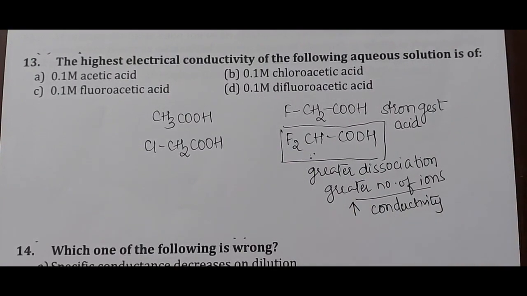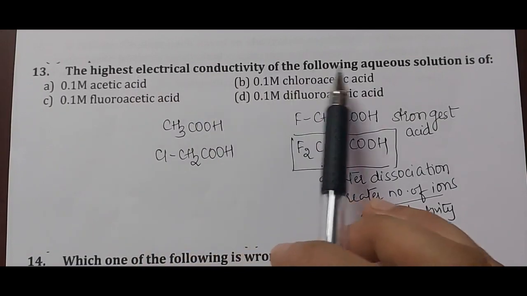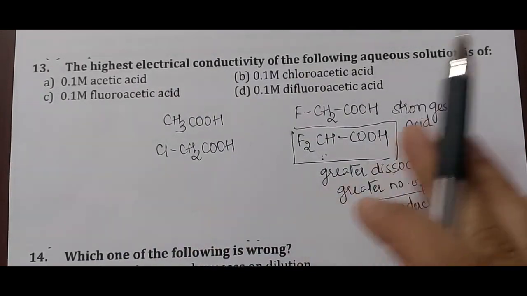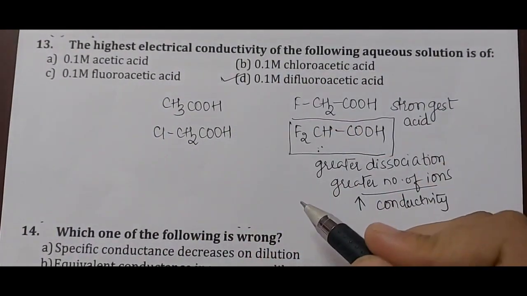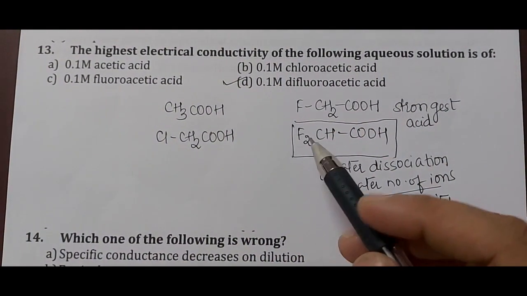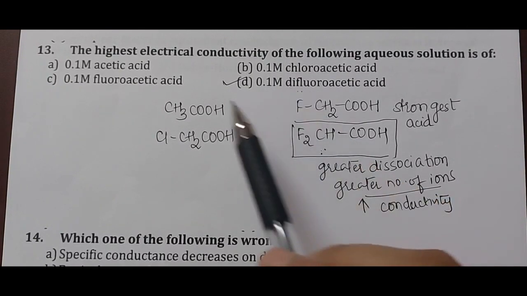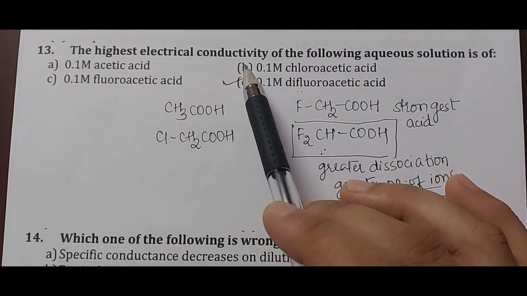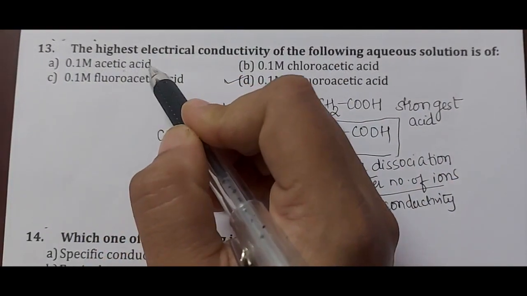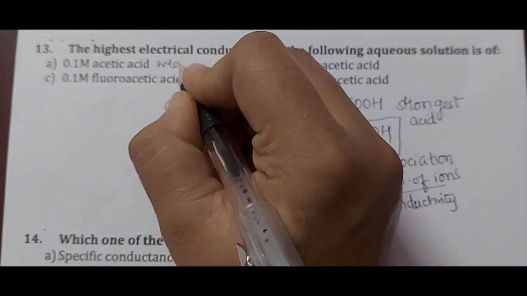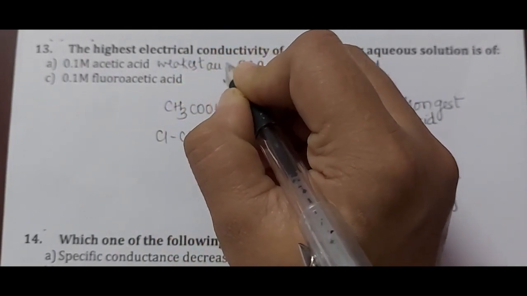So here, if it is asked as highest electrical conductivity, the answer is 0.1 molar difluoroacetic acid, as it is the strongest acid. In case they ask for lowest electrical conductivity, then the answer would be 0.1 molar acetic acid, as it is the weakest acid among the four.